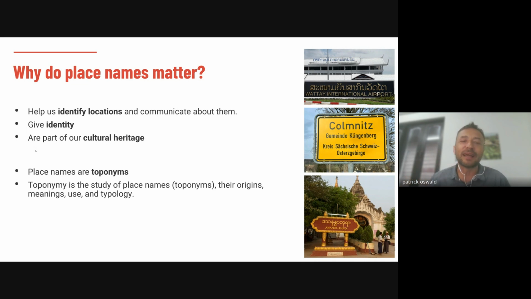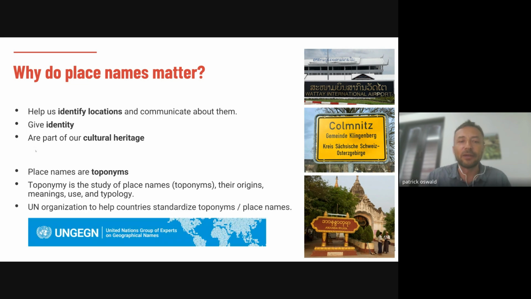Technically speaking, place names are often called toponyms, and there's even a study of toponyms: the origins, meanings, use, and typology of place names. To add to the importance of this topic, there's even a UN organization, the United Nations Group of Experts on Geographical Names, which focuses on helping countries standardize and decide on place names.